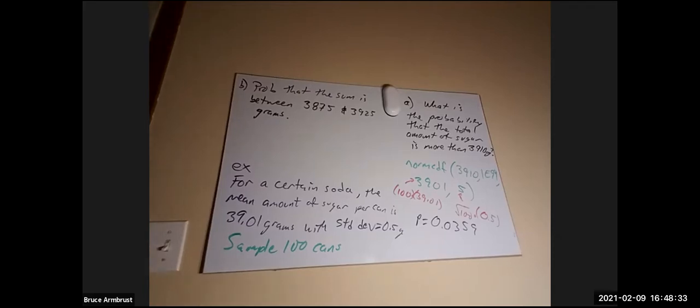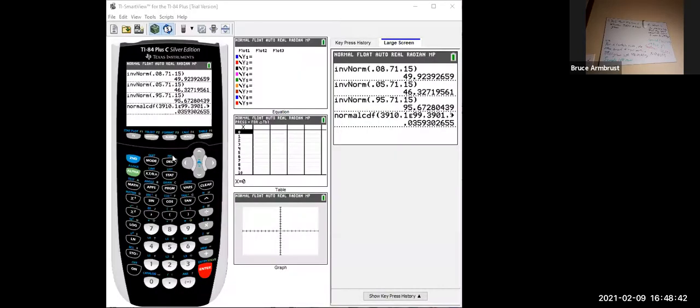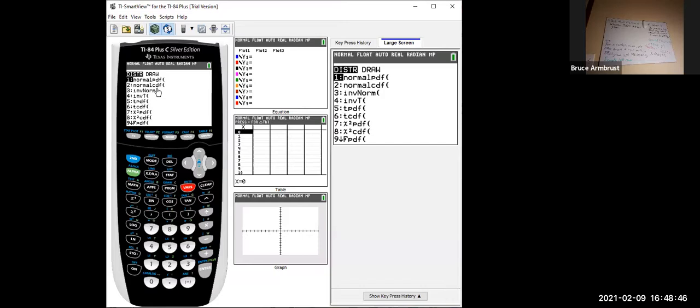All right, well, let's go to the calculator and let's put in our values again. All right, so we're going to do the same command. We're going to do distribution, normal CDF. Okay, we need to change our lower and upper bounds. Our lower bound is now 3875.